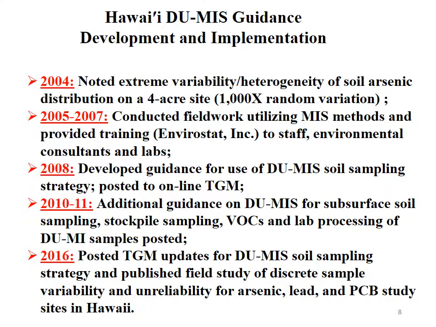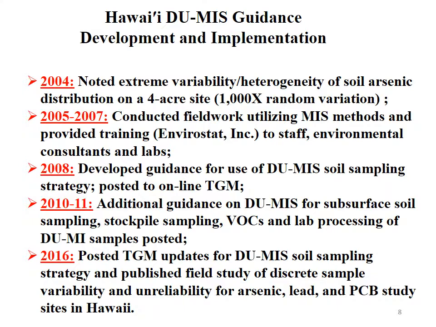So a key aspect of this is selecting your decision unit, making it relevant to risk assessment, and your risk assessors working on your team, so that the final answer, the average contaminant level that you get for your decision unit, is appropriate for decision making and decisions on the site.